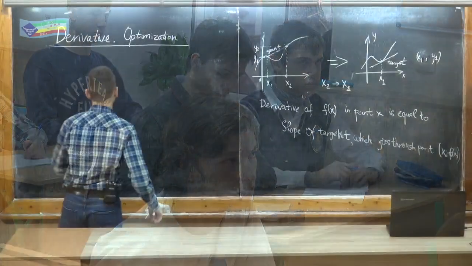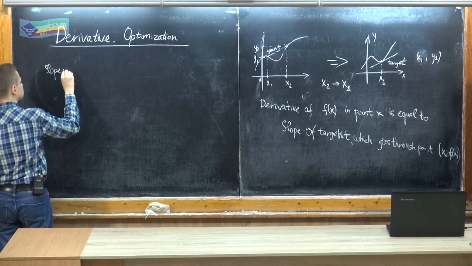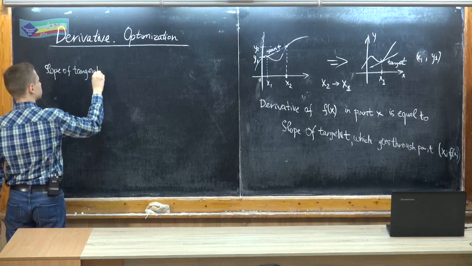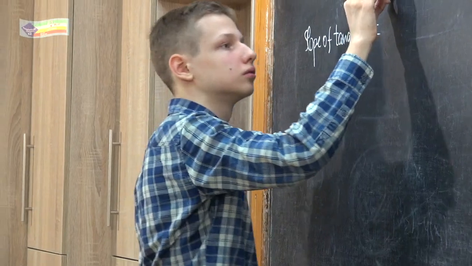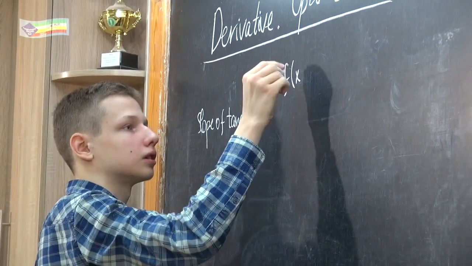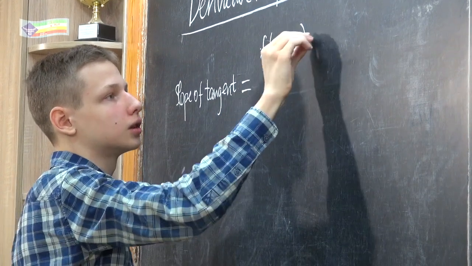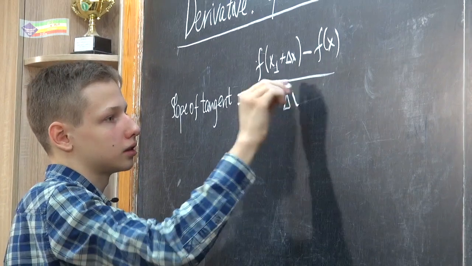So, as we remember, the slope of the tangent is equal to f of x1 plus delta x minus f of x1, divided by delta x.